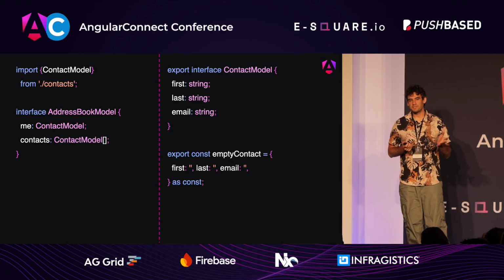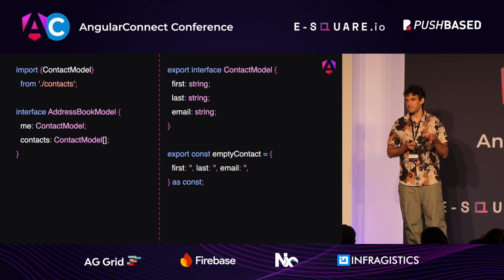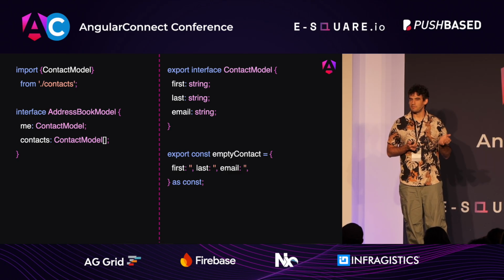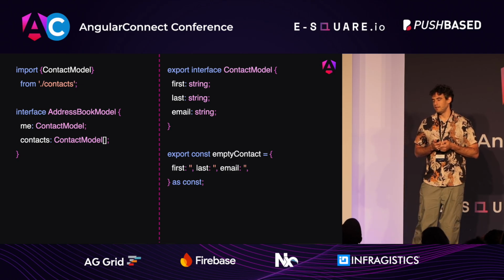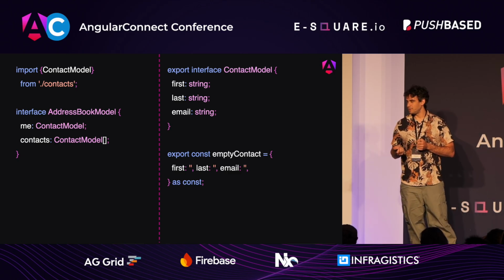And now, regardless of whose information I'm collecting, mine or theirs, it's going to be the same basic set of things: first name, last name, email. So I'll just abstract that into a separate model. We'll call it contact model. And then for convenience, I'm also going to add a quick empty contact, which will be useful in a second.